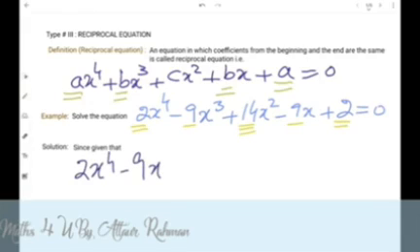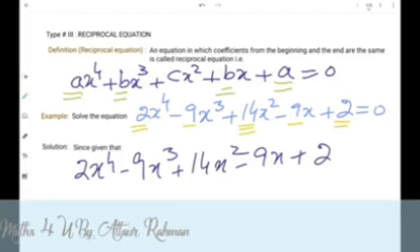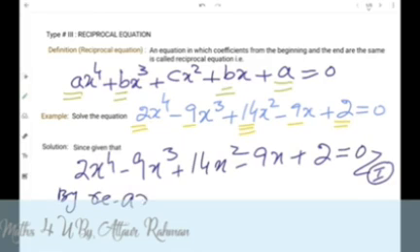Given that 2x^4 minus 9x^3 plus 14x^2 minus 9x plus 2 is equal to 0, suppose this is our first equation. Now, what to do next? We will rearrange the terms, that is, by grouping the terms that have the same coefficients.